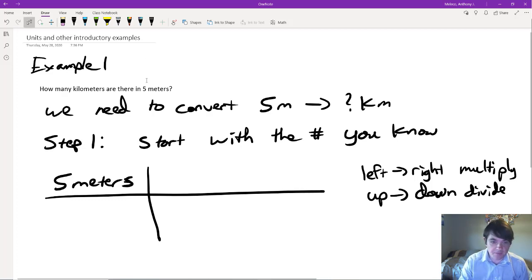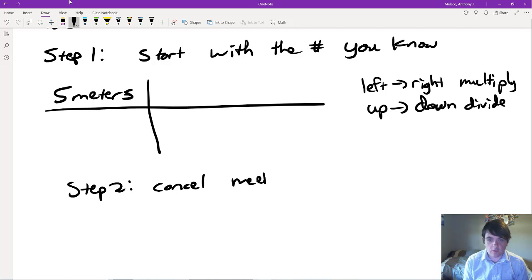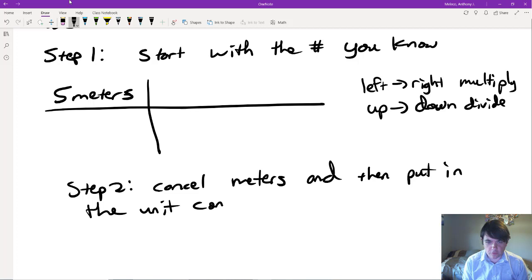So the next step then, step 2, cancel meters and then put in the unit conversion for kilometers.